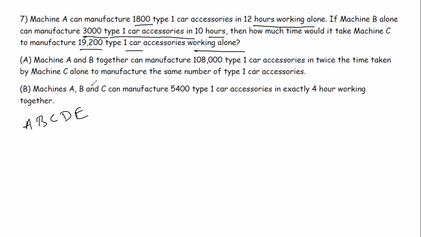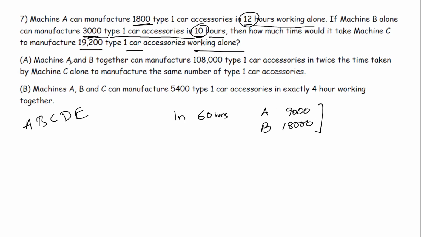If we take a number common to both, like 60 hours, in 60 hours machine A would have manufactured 5 times 1800, so 9,000. And in 60 hours, that is 6 times 10, it'll be 6 times 3,000, so that's 18,000.